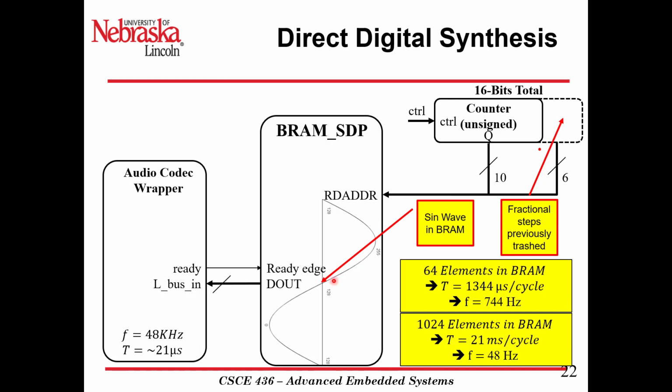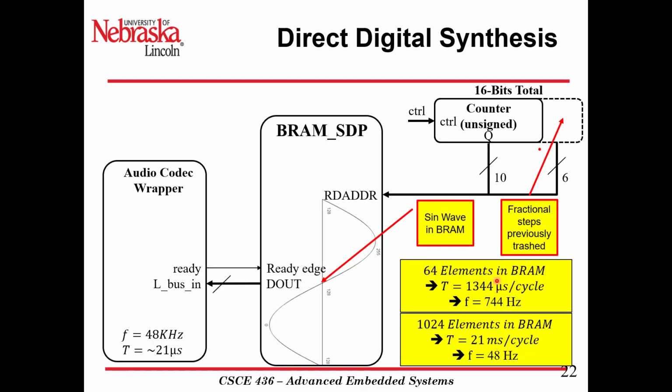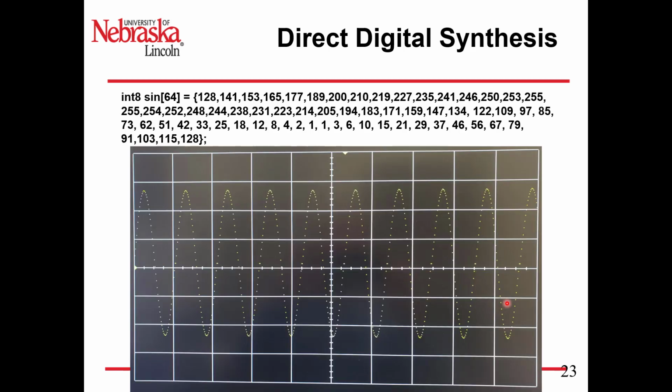Roughly at 48 hertz. I actually took my Lab 3 oscope and I dropped this waveform into the C code, and it was printing out basically at 744 hertz. And it prints out the waveform.